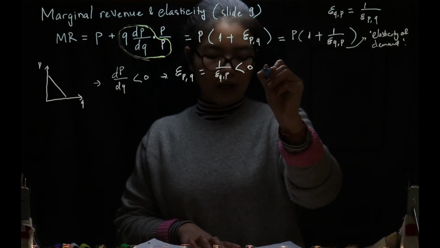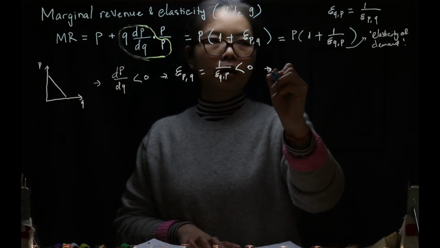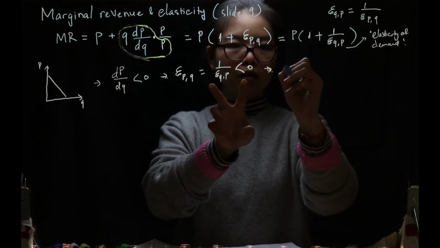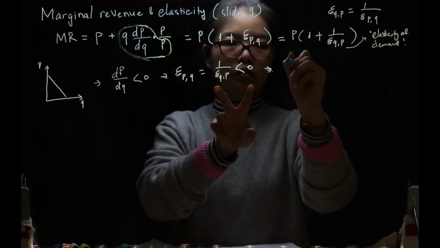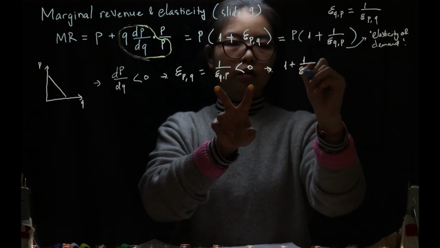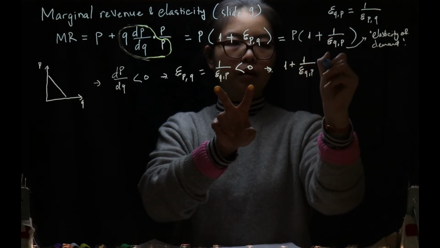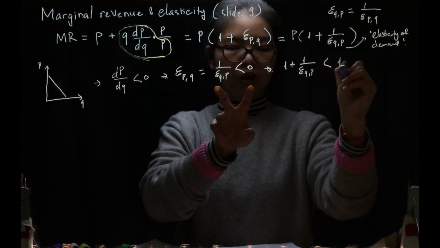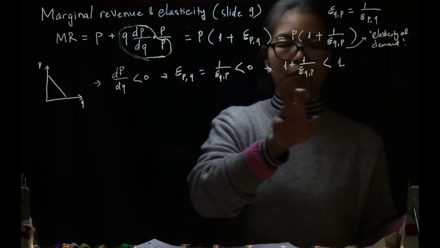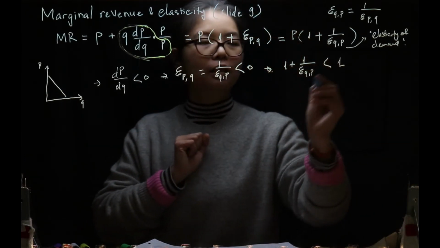The next thing is, because this is negative, you could add 1 on both sides, right? So 1 plus 1 over E Q P is smaller than 1, without changing the sign of the inequality, because 1 is positive, right?